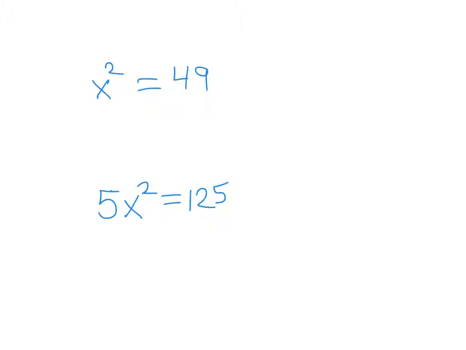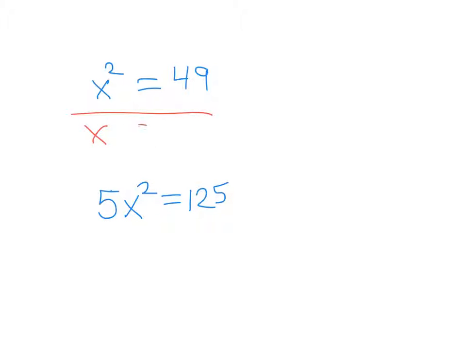So in these problems here, you're being asked to solve for x. And just like when you square something, the opposite is going to be to take the square root of it. So in this first problem here, to undo that x squared, because I'm just solving for x, I don't want x squared, I'm going to take the square root of x squared, and that's going to leave me x. It just is undoing that squaring part.